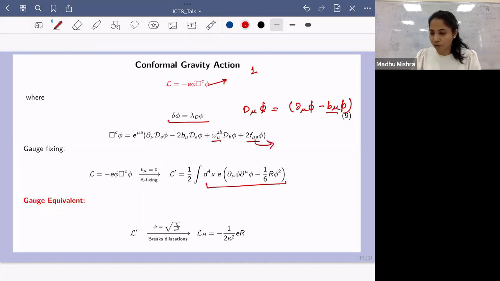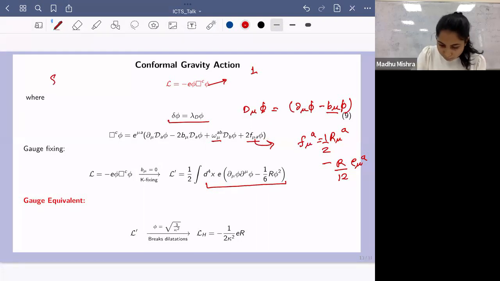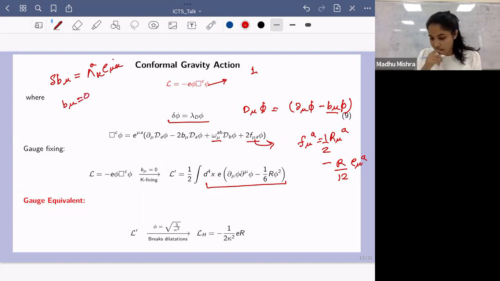Here F mu A we have also obtained. We have shown that F mu A is proportional to a Ricci tensor and a Ricci scalar term. After writing this dependent field and also imposing the gauge fixing condition b mu equal to 0, since b mu transforms under special conformal transformation, setting b mu equal to 0 will break the special conformal symmetry.